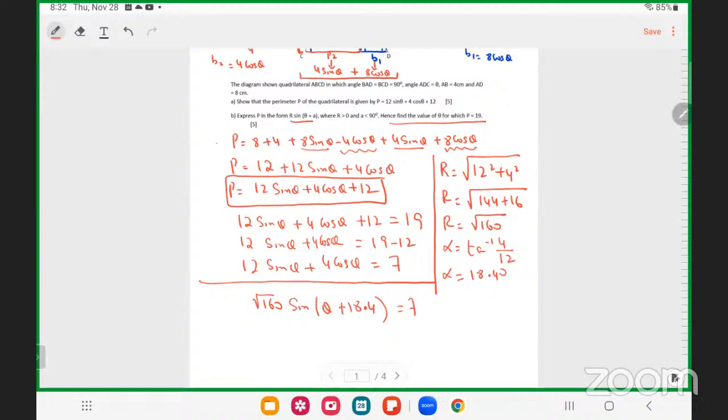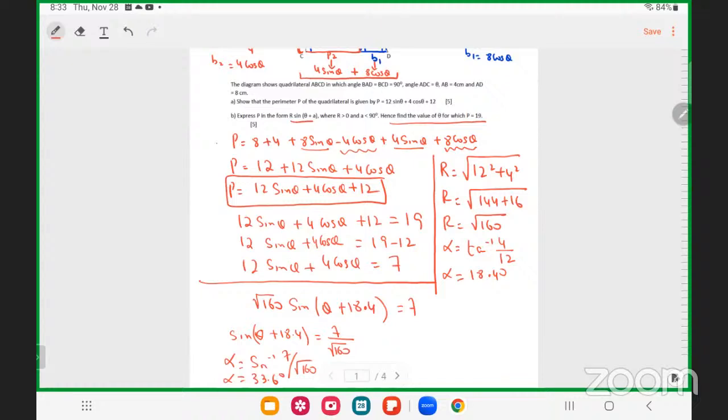Now the question has transformed itself into a normal trigonometric equation. Sine of theta plus 18.4 is 7 upon under root of 160. Step number 1, check the range. Is there a need to alter the range? Find the basic angle. Sine inverse of 7 upon under root of 160 is 33.6 degrees.